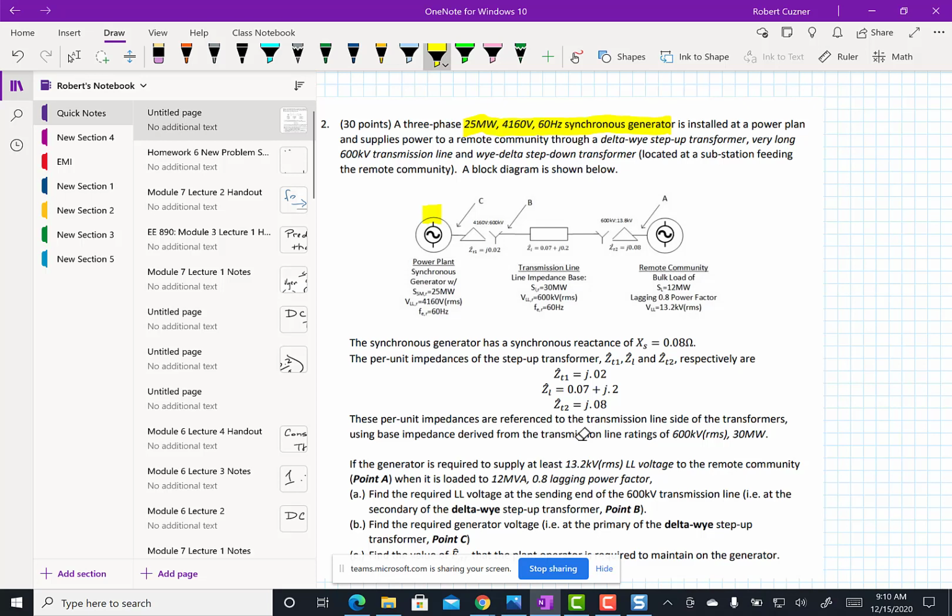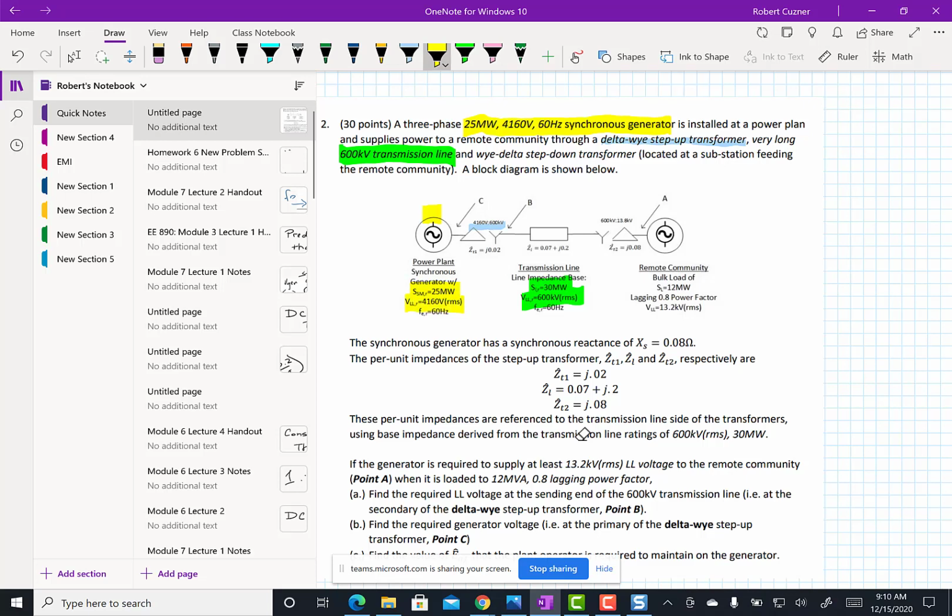When it says remote community, that means it's going to have probably a long distance line, and so typically they have a very high step-up transformer to 600 kV. And then you've got a very long 600 kV transmission line. Now I gave a rating under here for that transmission line. Everything's at 60 hertz.